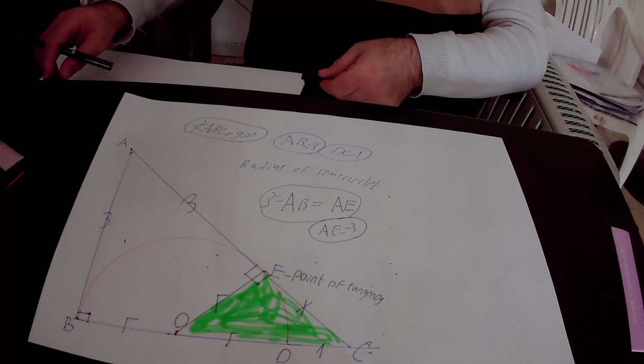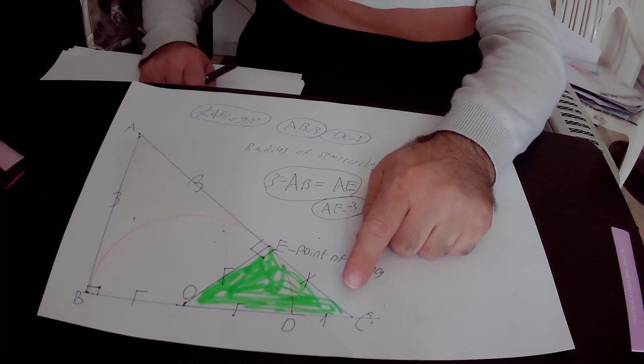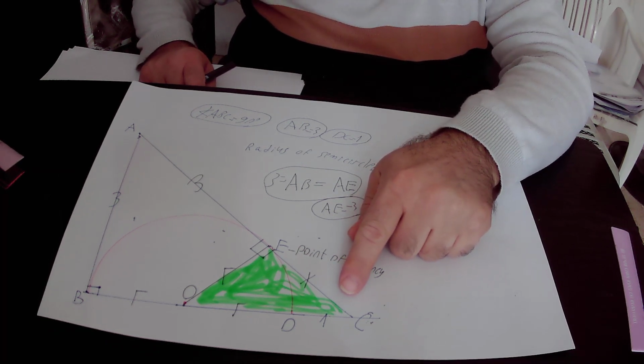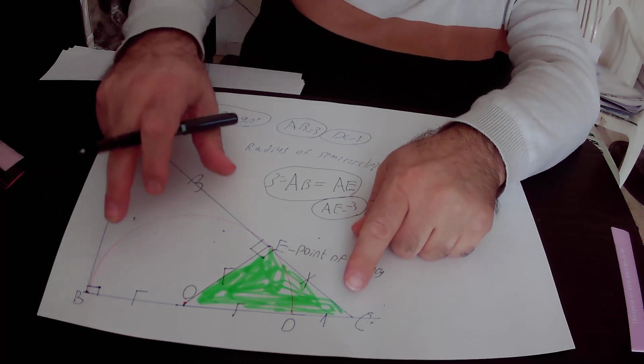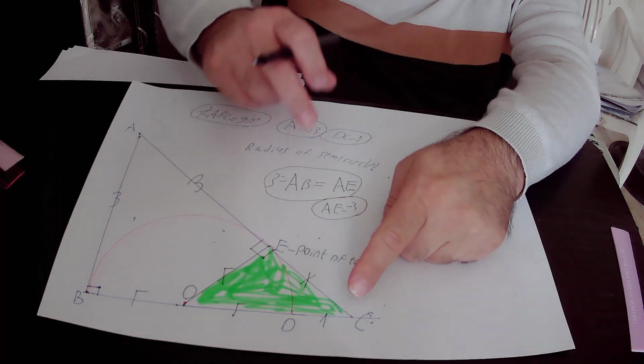In addition to that, this angle is a common angle. It belongs both to the big triangle ABC, as angle C, and it also belongs to the green triangle.